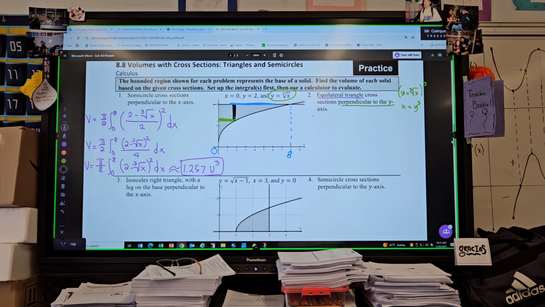No, that's not true. We're using x equals 0 now. Where is this? Is that zero? Is it 0 minus y3?